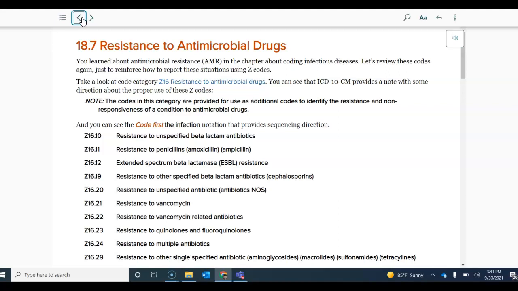If there's a family history of cancer, the physician may treat the patient more aggressively because they're aware of that family history than they would with someone without it. This is also where you're going to find resistance to antimicrobial drugs.